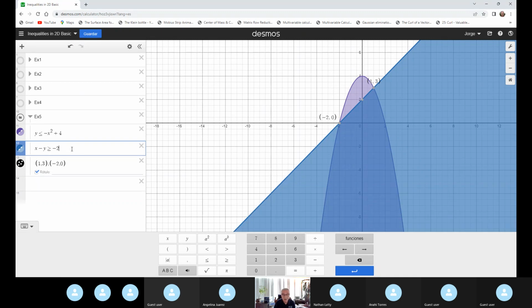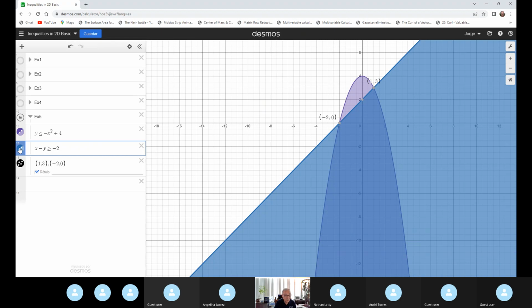Control X. Okay. So basically, you put the same color, maybe purple. The darker part is inside the parabola, but below the line. It's that part.